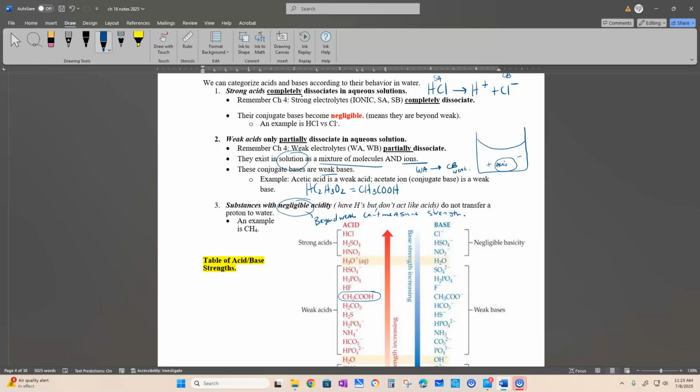So if it's a weak acid, over here, when it donates that positive, that proton, you're still going to get a weak base, okay? And if substances are so beyond weak, we can't even measure them, we call them negligible.